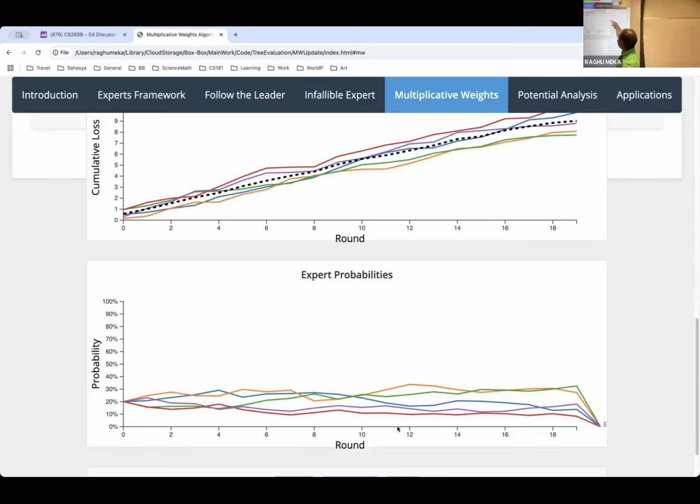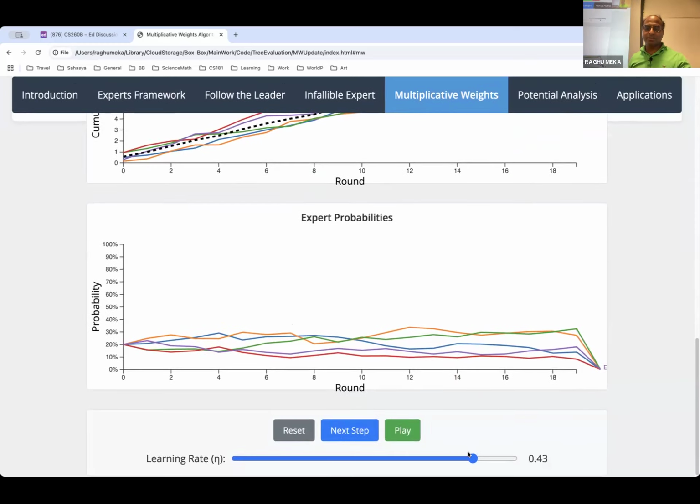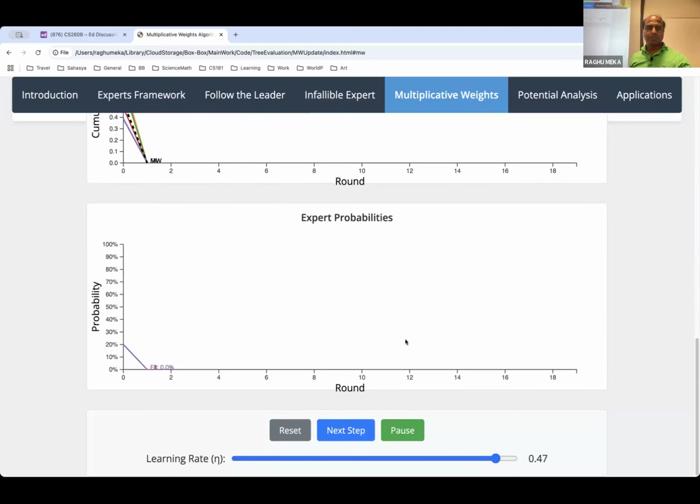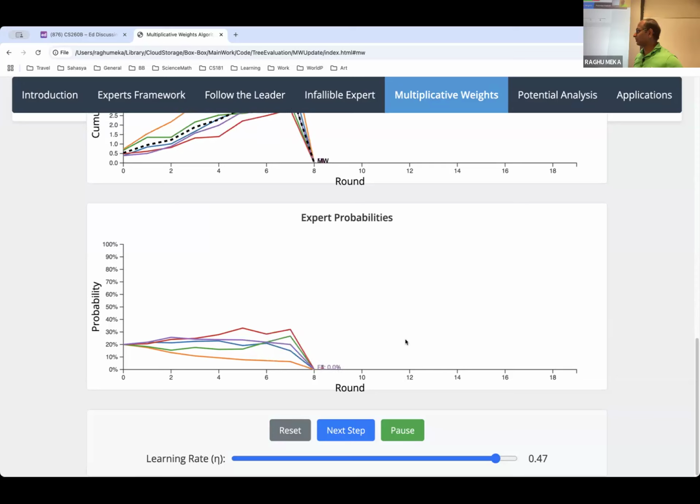And you can see in the end, the loss of the green expert is lower, and the probability of picking the green expert is the highest. Okay. So you can just change the learning rate and immediately see how it changes. You don't want it to go above 0.5 because then I think it'll run into 0 errors pretty soon.